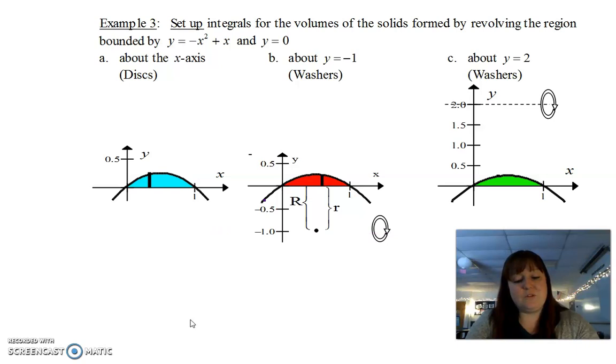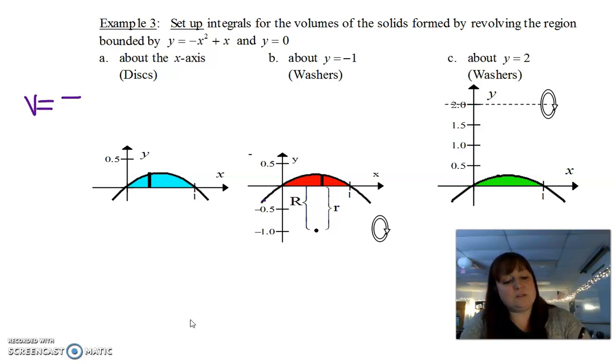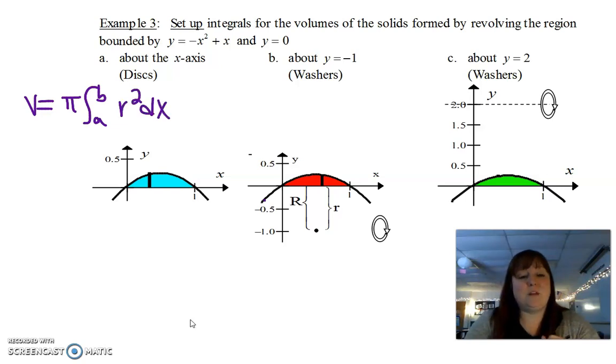So let's review the disk method really quick. The disk method says that the volume of a solid equals pi times the integral from a to b of the radius squared of the disk that we form. And then we have to figure out what the radius of this disk is. Remember, the radius is the distance from the top curve to the bottom curve.